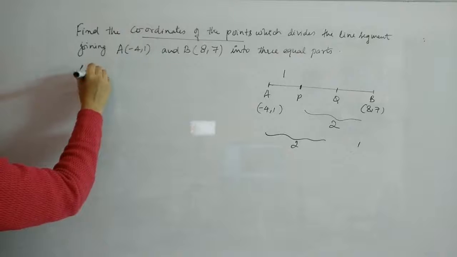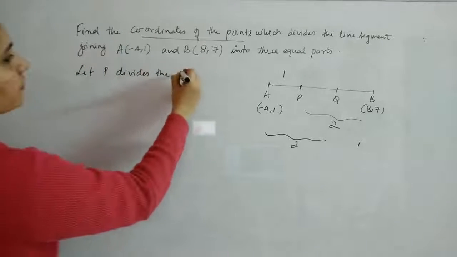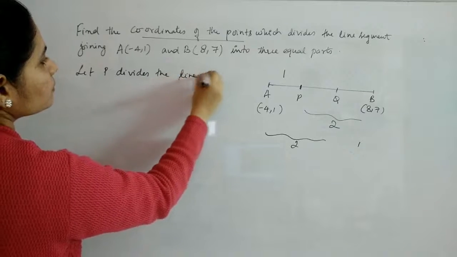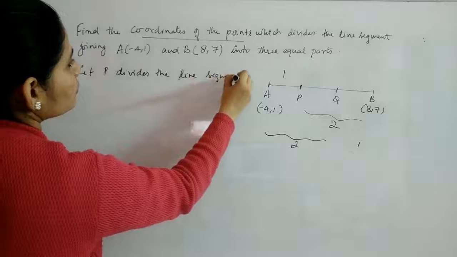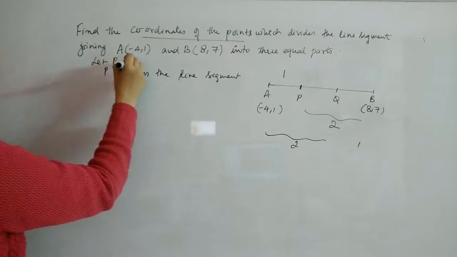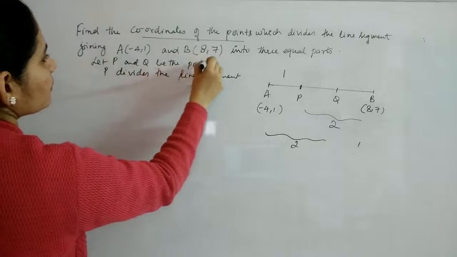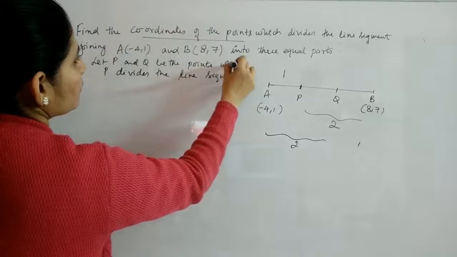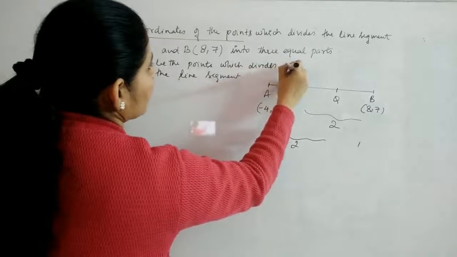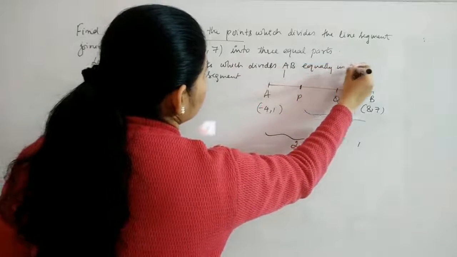Let P and Q be the points which divide AB equally in 3 parts.